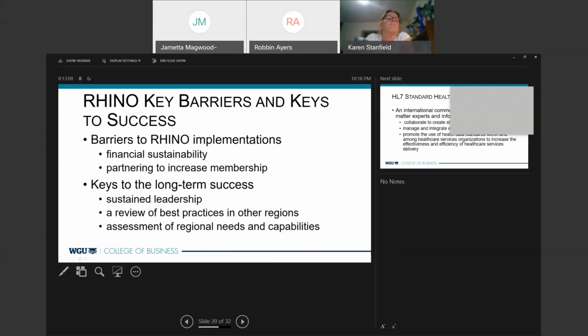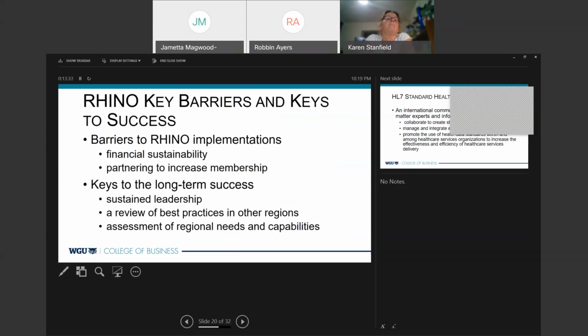Long-term success, sustained leadership. In the nonprofit organization, the tenure for leadership when compared to for-profit organization is longer. In these RHIOs, what they did was review best practices in other regions and they implemented them there so that they could ensure adherence, ensure the alignment, and ensure similar outcomes, hopefully.